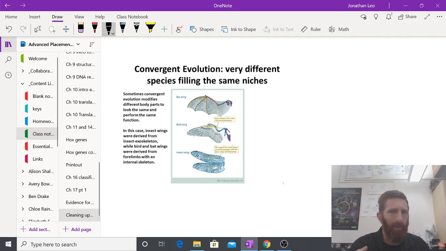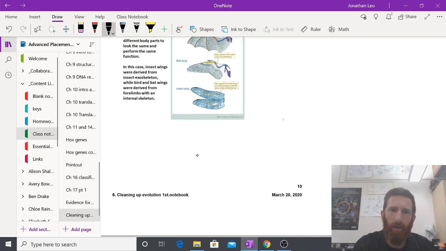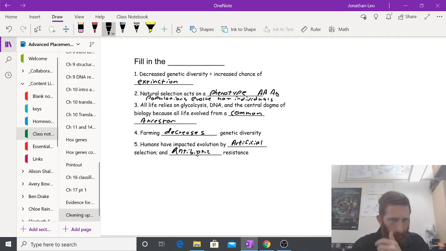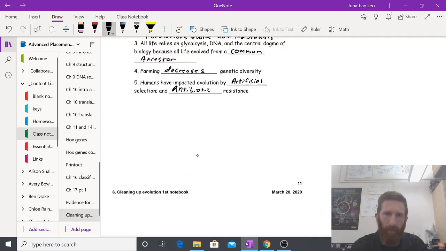There are going to be mutations for that, and in different lineages those mutations might look a little bit different, but they're all evolving wings of some sort, and so that's called convergent evolution. If vastly different animals or plants adapt or have mutations to fill the same ecological niche, that's convergent evolution.